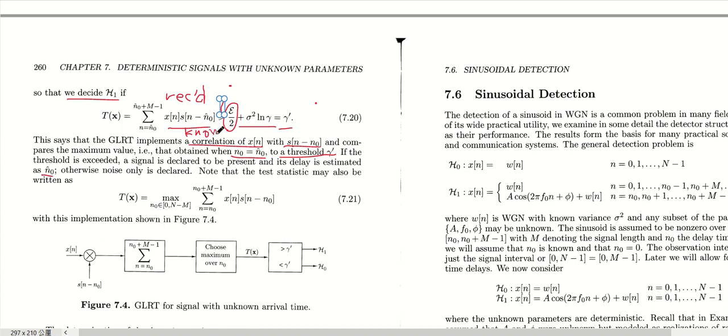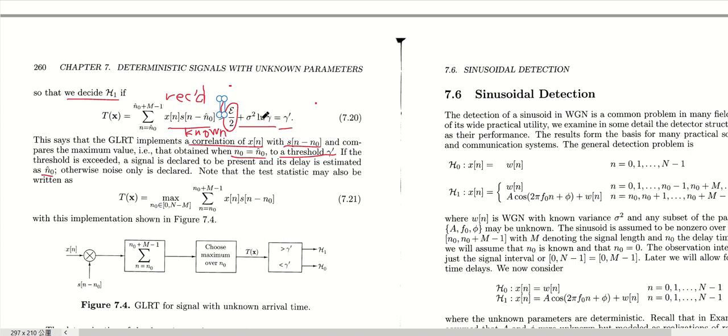And then, no, let me reiterate this. You put n0 hat as all possible values, from 0, then 1, then 2, then 3, then 4, all the way up to N minus 1.